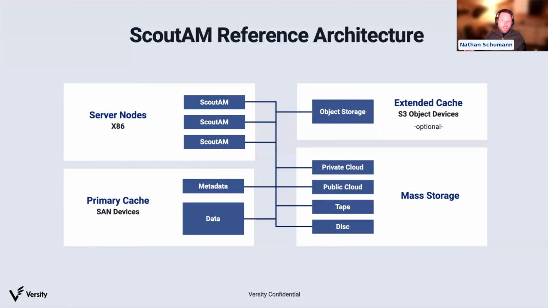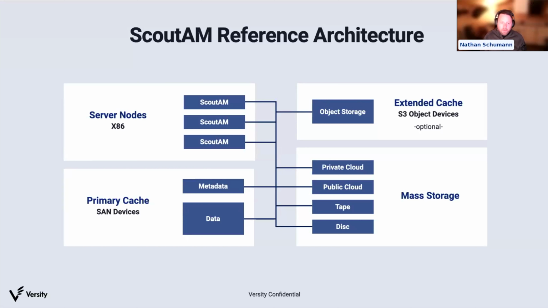We can have NFS filers and other disk targets as part of our configuration for mass storage. And then we can do public cloud and private cloud, which you can think of as really on-premise object storage.